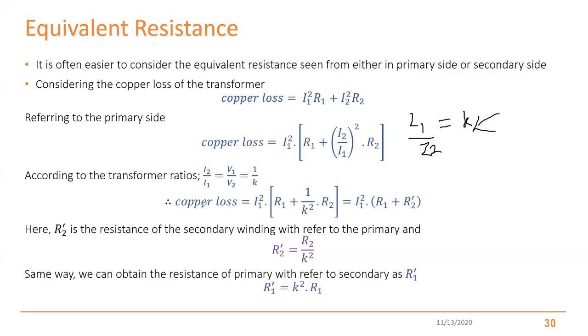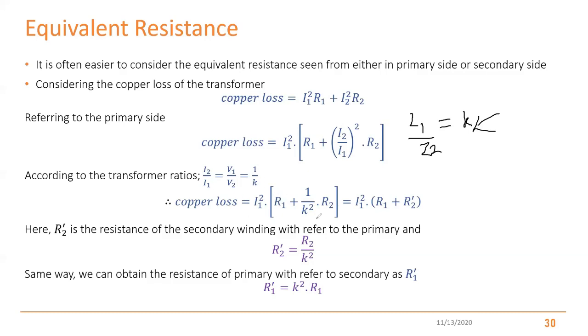Therefore the total copper loss I can write as I1 squared times R1 plus R2 divided by K squared. Now the total copper loss looks like it only depends on the current at the primary.